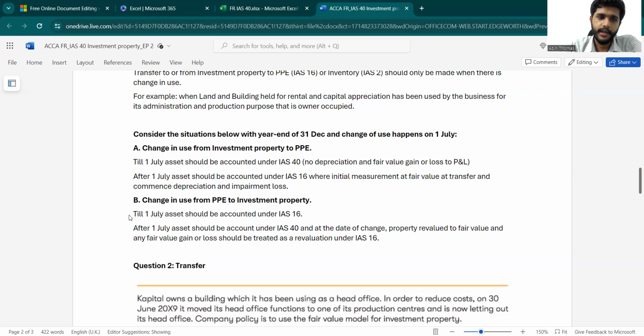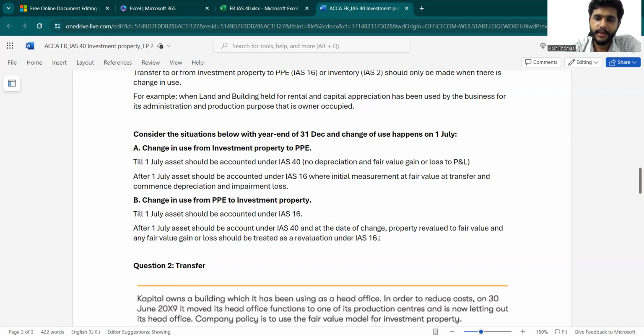So what will be the entry? Until 1st July, the asset should be accounted under IAS 16, and after 1st July, under IAS 40. Also, the same twist happens here. At the date of change, the property is revalued to fair value, and that fair value gain or loss should be treated as a revaluation under IAS 16.